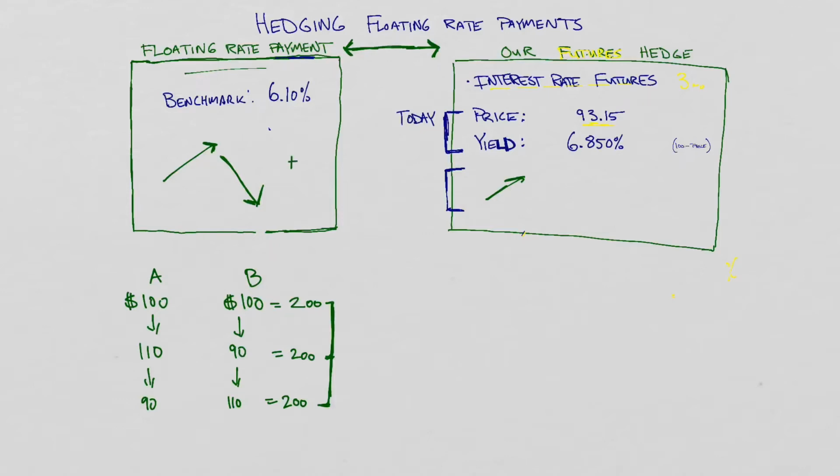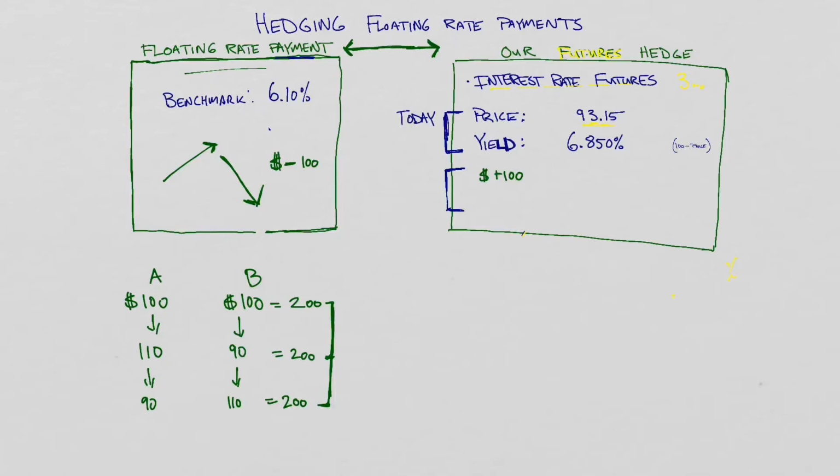we want to have a futures contract position that also goes up by $100 at that same time. Because the cost of our loan goes up by $100, we're paying that much.